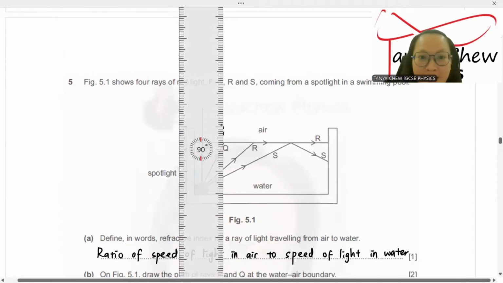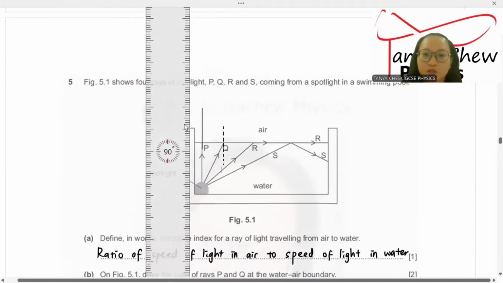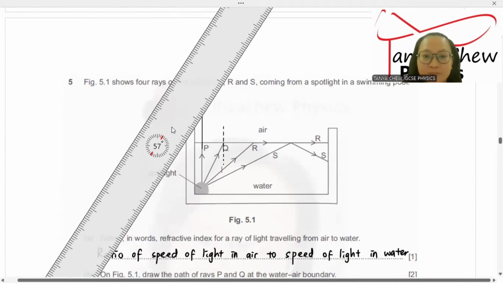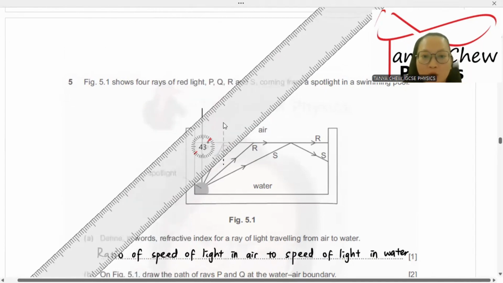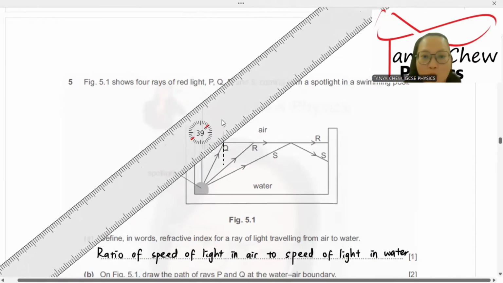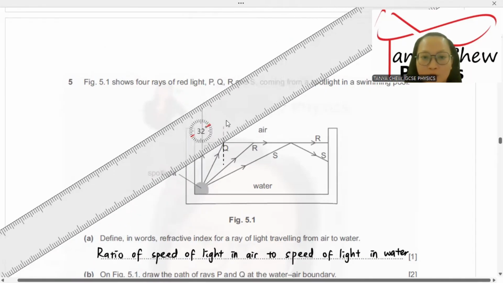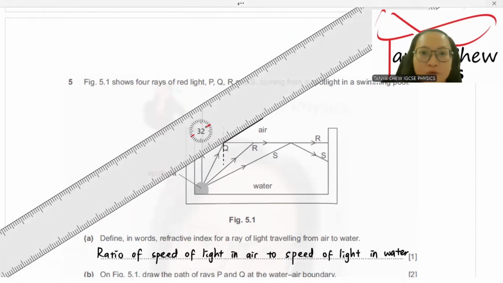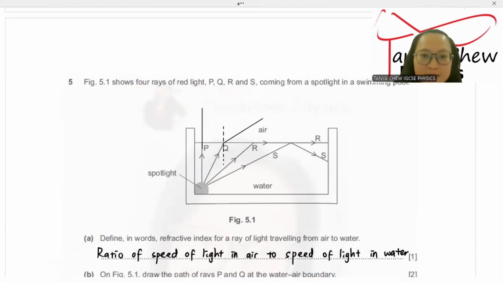Normal is just an imaginary line that is perpendicular to the water surface. Since the ray travels from the denser medium, which is water, to the less dense medium, the ray would be refracted away from normal. So as long as you draw it refracted away from normal, that's the answer. You can see this is the path of P, this is the path of Q.